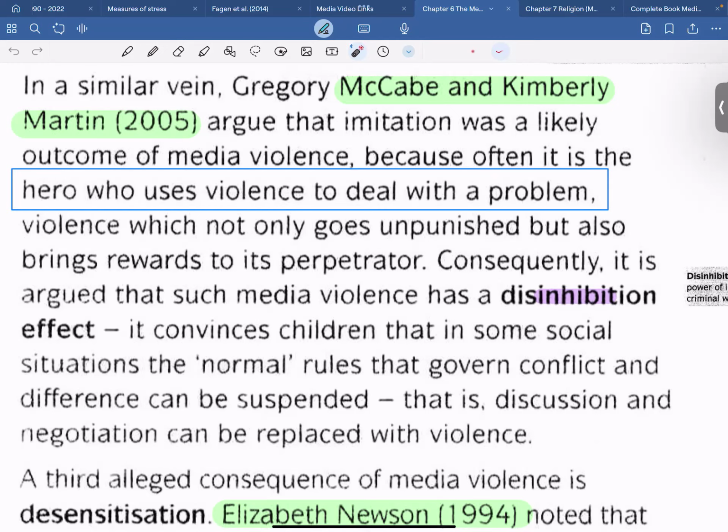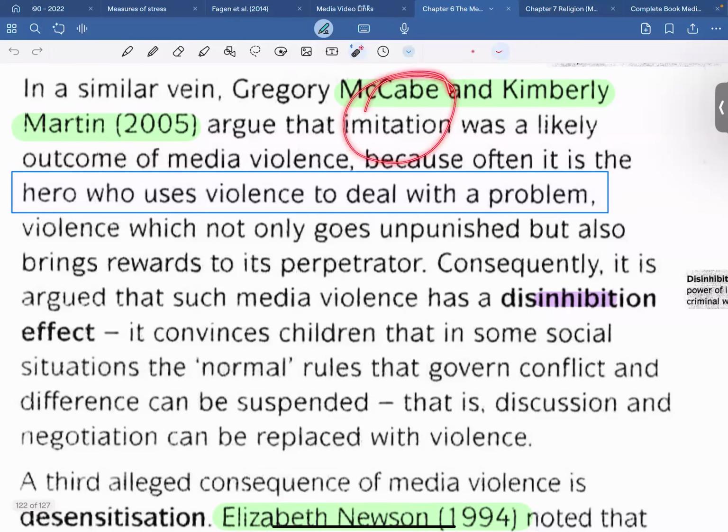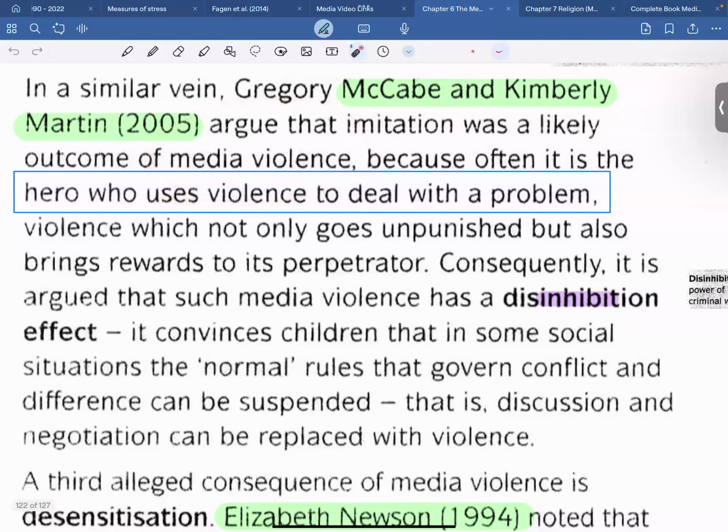According to Gregory McCabe and Kimberly Martin in 2005, imitation was a likely outcome of media violence, because often it is the hero who uses violence to deal with the problem.